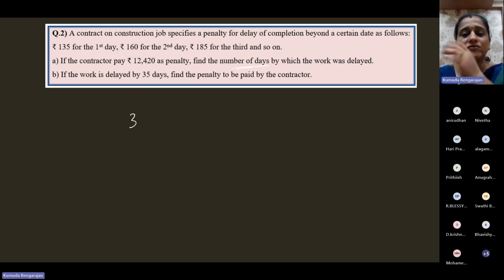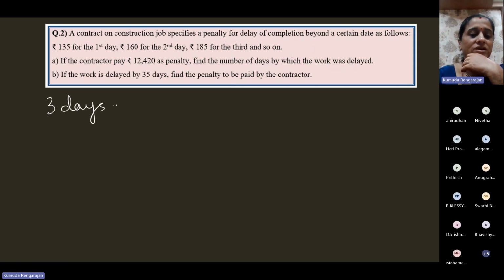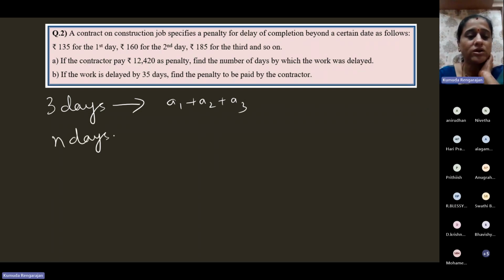So the penalty for some n number of days is A1 plus A2 plus A3 plus A4, and so on till An. Because here we do not know by how many days the work is delayed, the penalty for n days will be A1 plus A2 plus A3, so on till An.